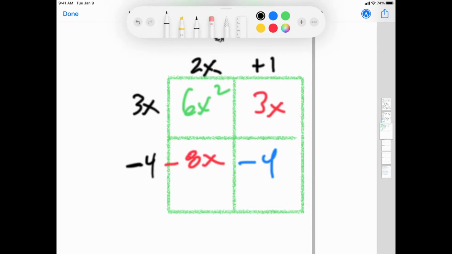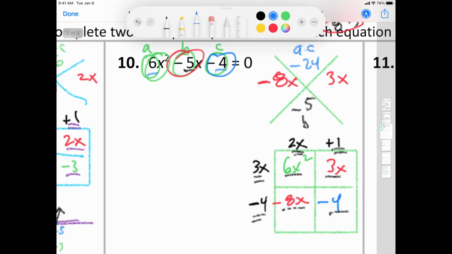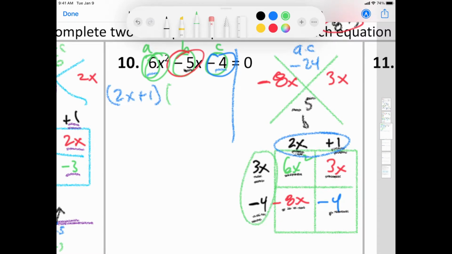You can double check by multiplying 3x times 2x, 6x squared, 3x times 1, 3x, 2x times negative 4, negative 8x, and negative 4 times 1 is negative 4. Okay, so 2x plus 1, 3x minus 4.